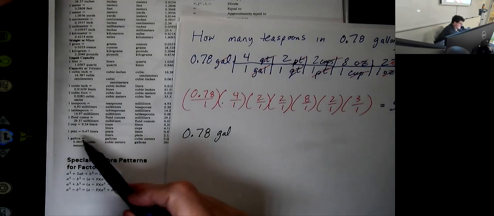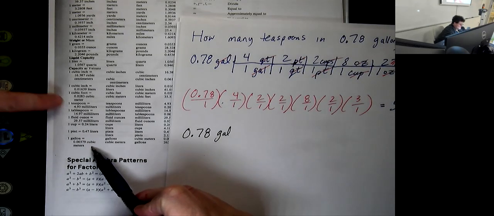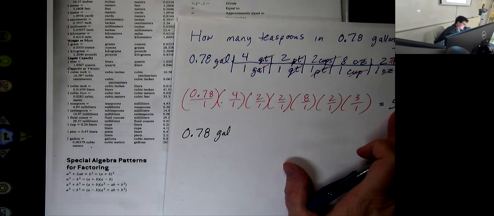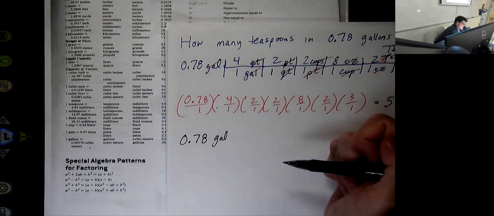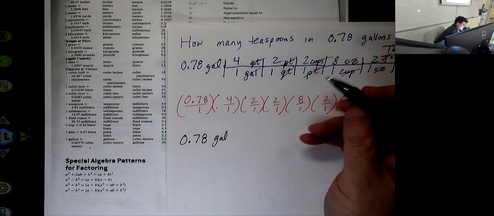Notice on the first page, I can go from gallons to cubic meters, and then cubic meters shows up right here, cubic feet. I don't like that, because cubic feet to cubic inches is a little like, where am I going here? It's too much thinking. There's no written table for cubic feet to cubic inches. I can figure it out, I know it means 12 times 12 times 12, but that's more work.